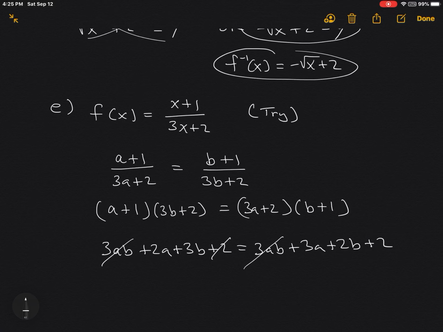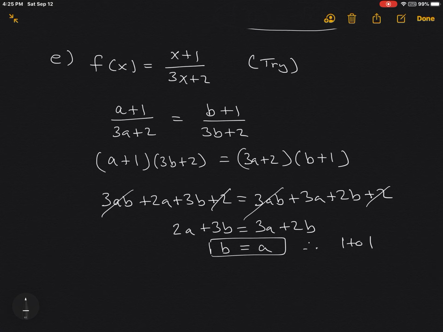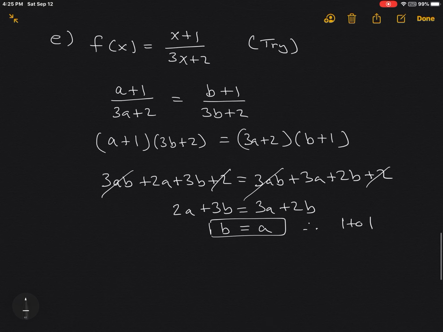Okay, so a little bit of foiling, but you can see that these 3ab's cancel out. These 2's are going to cancel out. And over here I have 2a plus 3b is equal to 3a plus 2b. And so if I move this 2a over, I'm going to get a. If I move this b over, I'm going to get b. Okay, so therefore it's 1 to 1. So the algebra looked a little bit intimidating, but really you're just foiling.